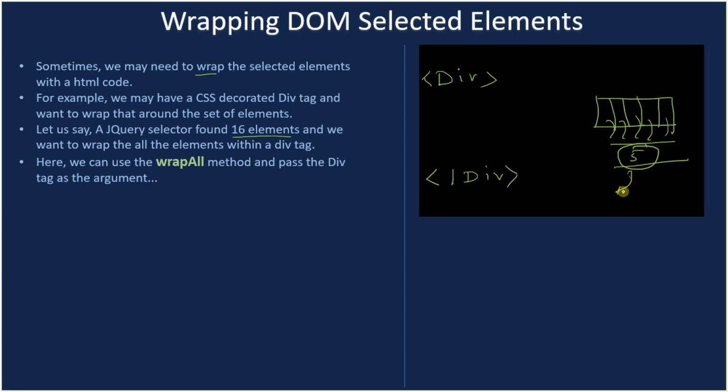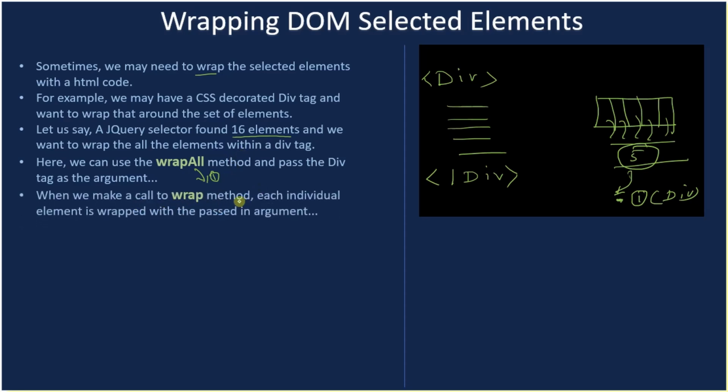Here we found 5 elements, right? On this found object, we can make a call to wrapAll and pass the div tag. If you pass this div tag, all these 5 elements will be wrapped inside this div tag. So that's the wrapAll method.